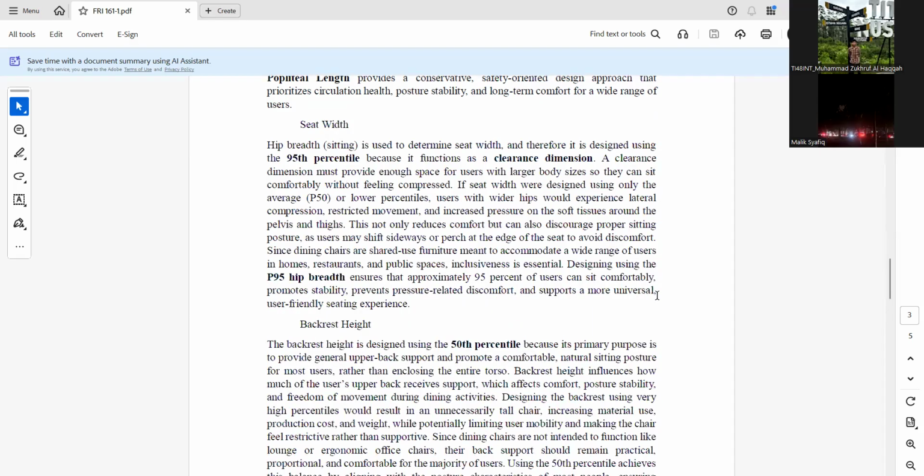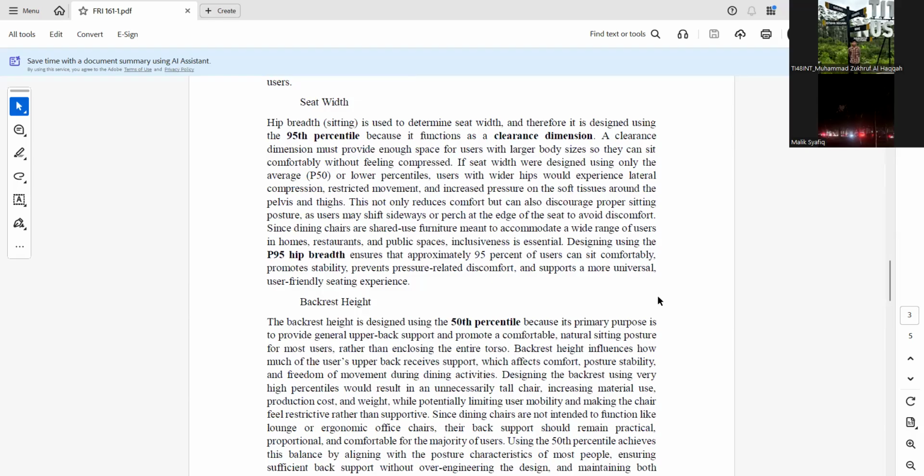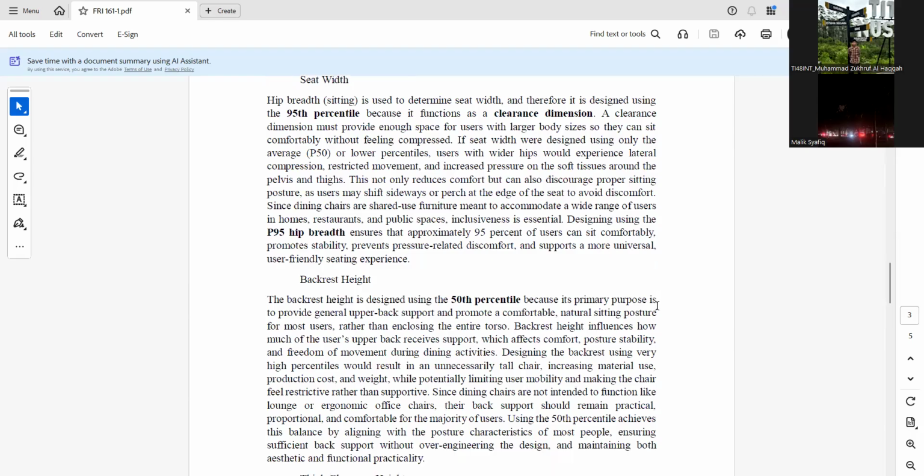While for the seat width, we decided to use the highest one, which is the 95th percentile, because we must provide a chair that accommodates those with a bigger body than normal.